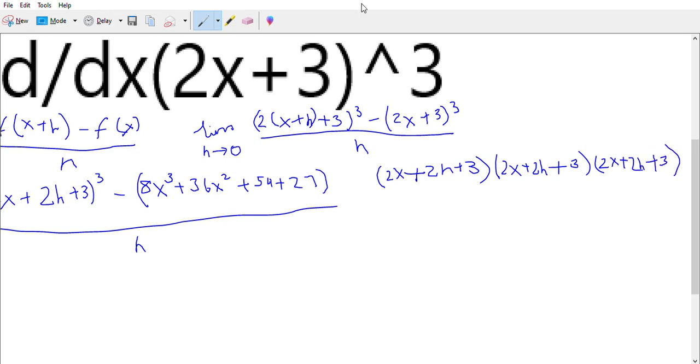Basically, I'm just going to be doing 2x plus 2h plus 3 squared first. So if I were to distribute it out like this, I'm sorry, the lines are horrible. I'm going to erase this as well just to make sure that it's not confusing, because I myself find it confusing. So I hope you just get the gist of what I'm trying to do.